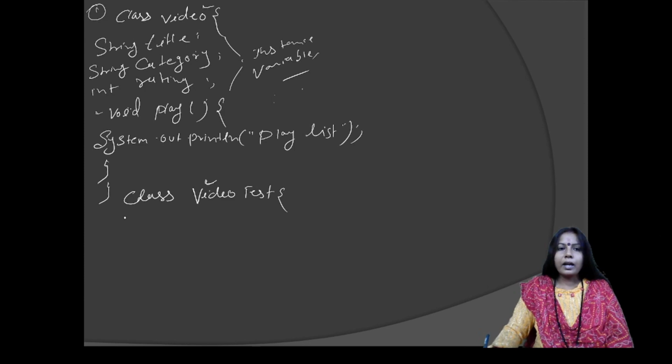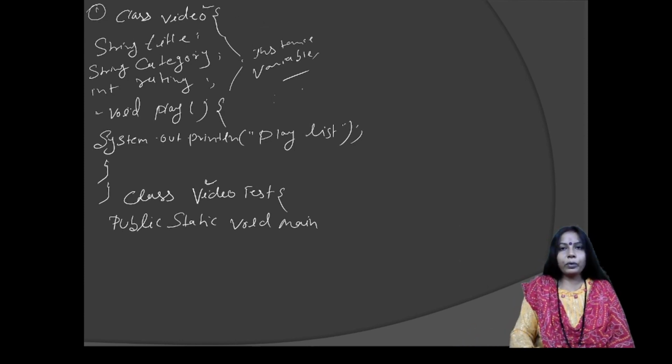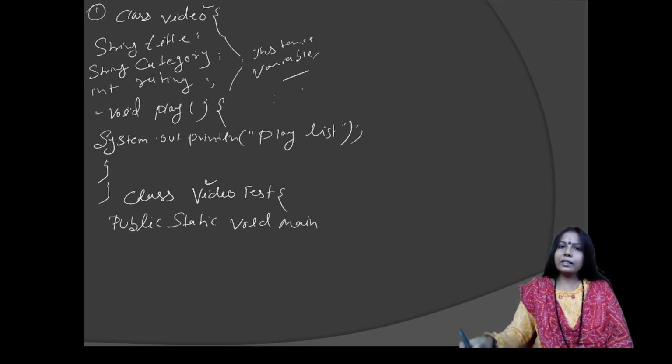So here I write public static void main. You may also create multiple classes inside the program. It is not mandatory. Only here you write class. You may write anywhere. So public static void main String args.